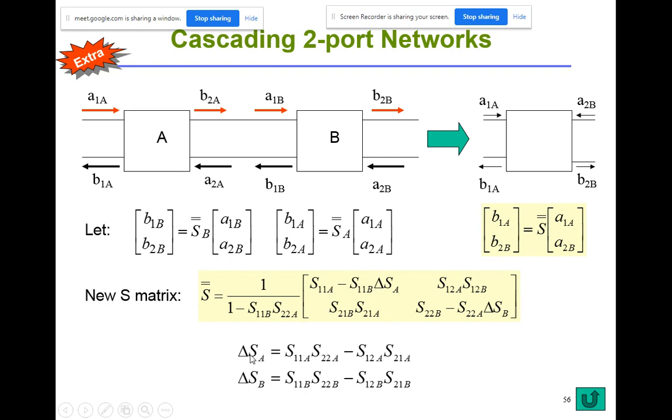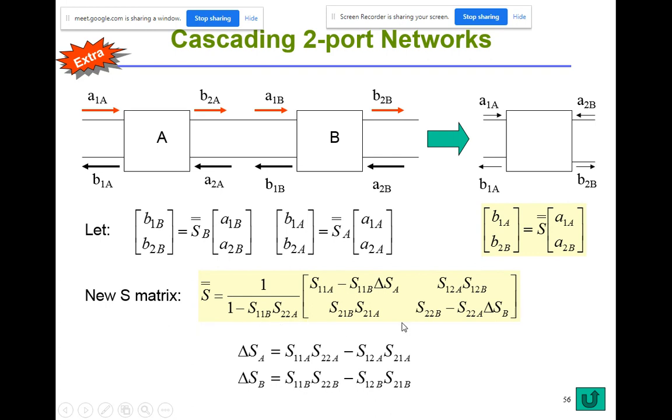These are called determinants. That means you take the product of the diagonal elements S11 times S22 minus S12 times S21. This is what you learn in matrix. All right, the determinant of the matrix.